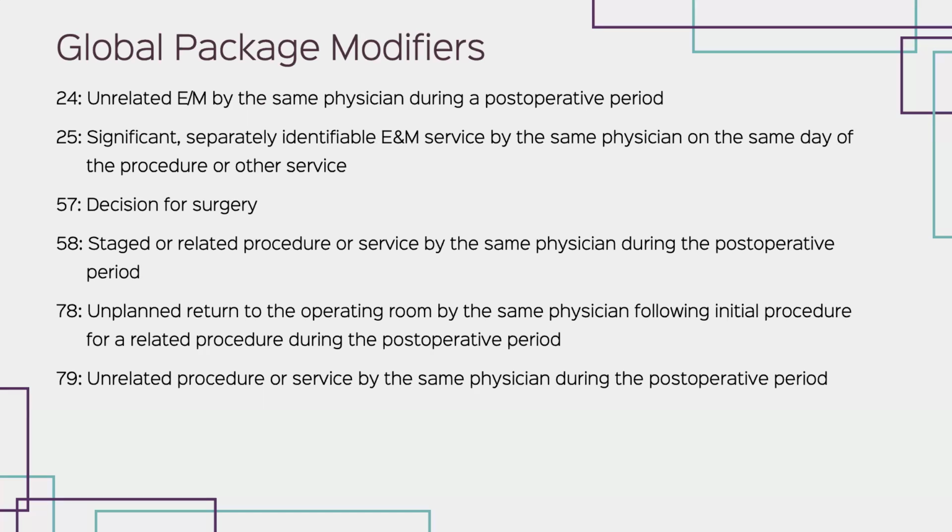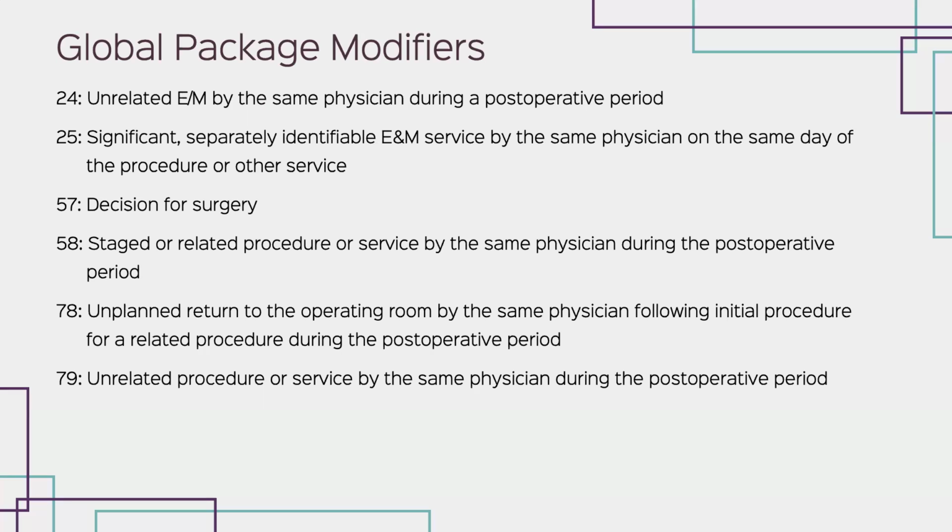So modifier 24 is going to be for basically an office visit that's provided to a patient by the same physician during a post-op period for a service that's completely unrelated to the surgery. So an example for when you would append a modifier 24 is if you have a patient that has a surgery on their right knee.